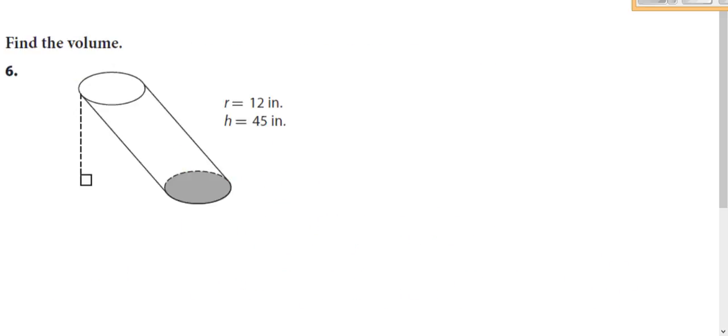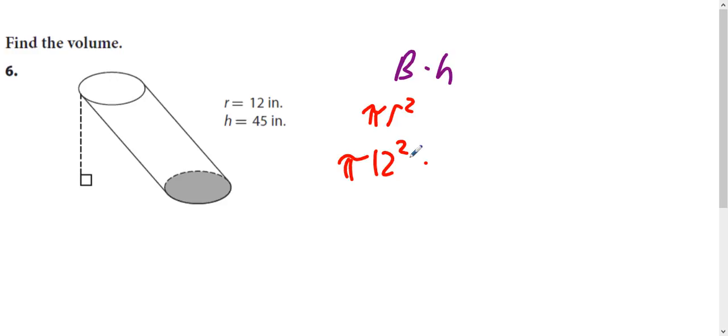Take a minute to do this one on your own. So we need to do area of the base times the height. The base is a circle, so you need to do pi times radius squared to get the area of the base. So that's pi times 12 squared.